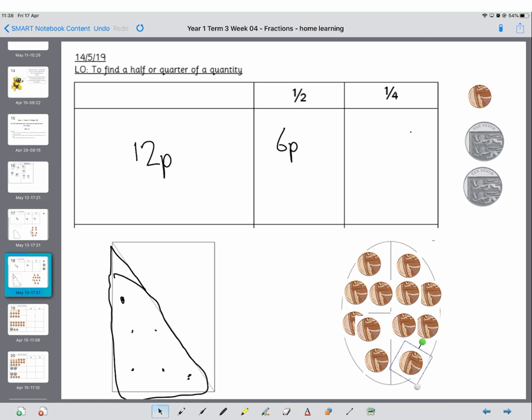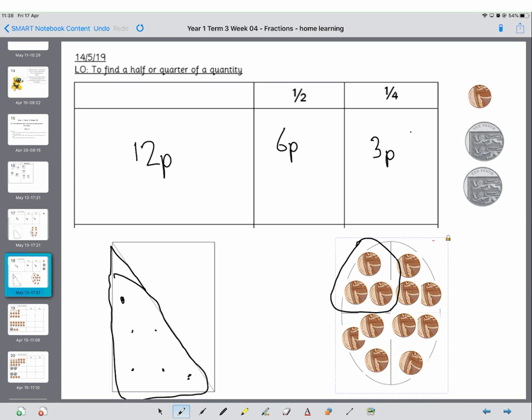And obviously your sheets are bigger and the coins are smaller, so you'll be fine. But if we look carefully, we can see that we've got 3 coins in each of the 4 sections. So the answer is 3 pence.